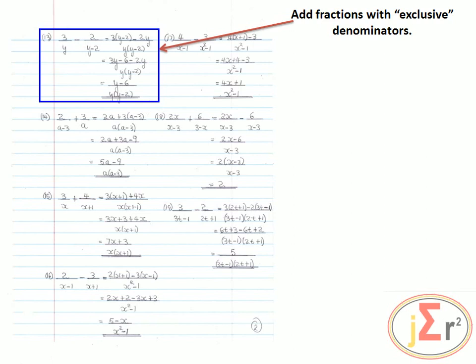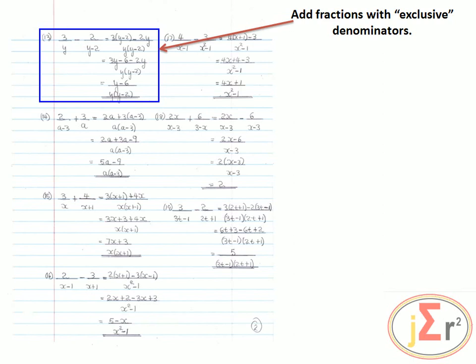And here we are adding fractions, and algebraic fractions in particular. We have here add fractions with exclusive denominators. The word exclusive is by no means a mathematical term as it is used right here.